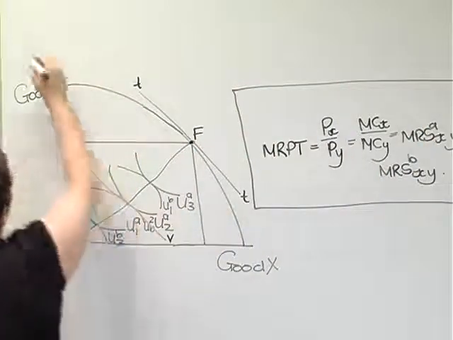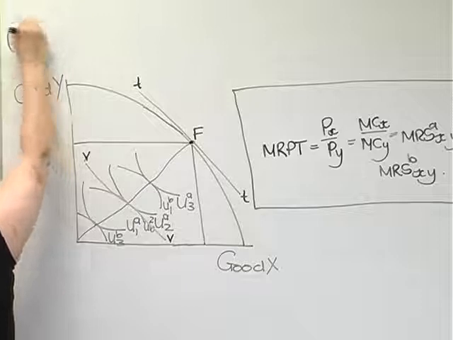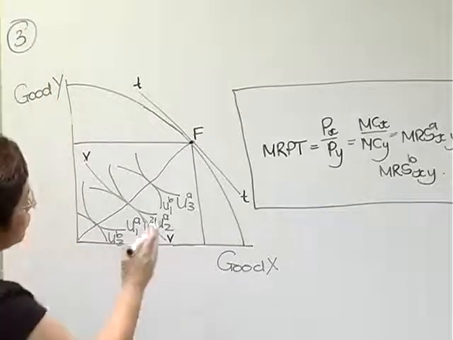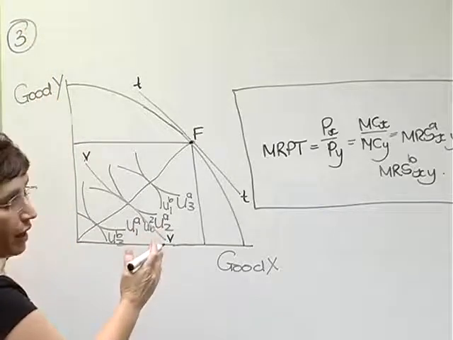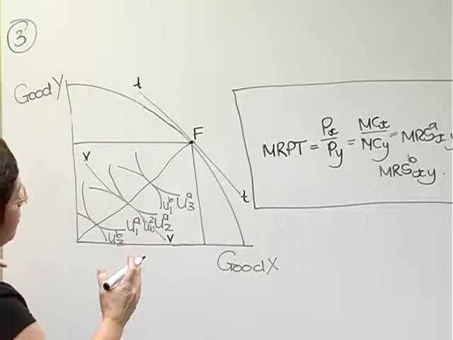This is your third condition for simultaneous consumer and producer equilibrium.